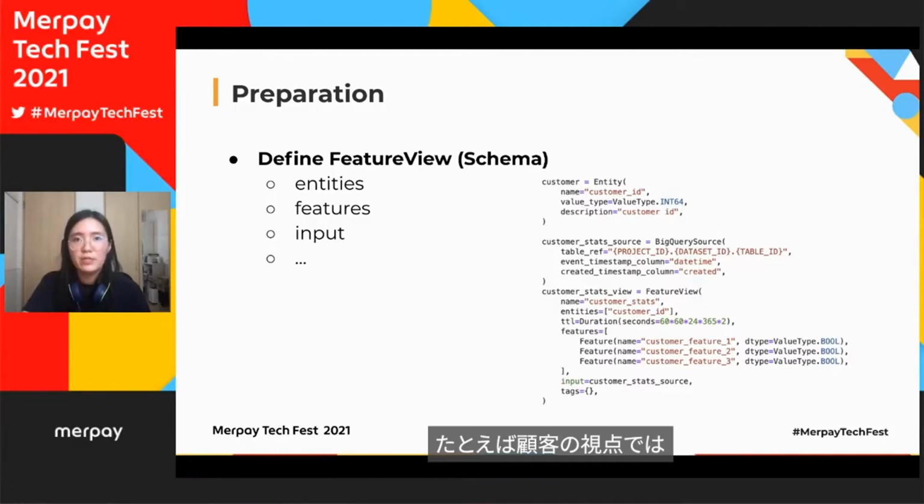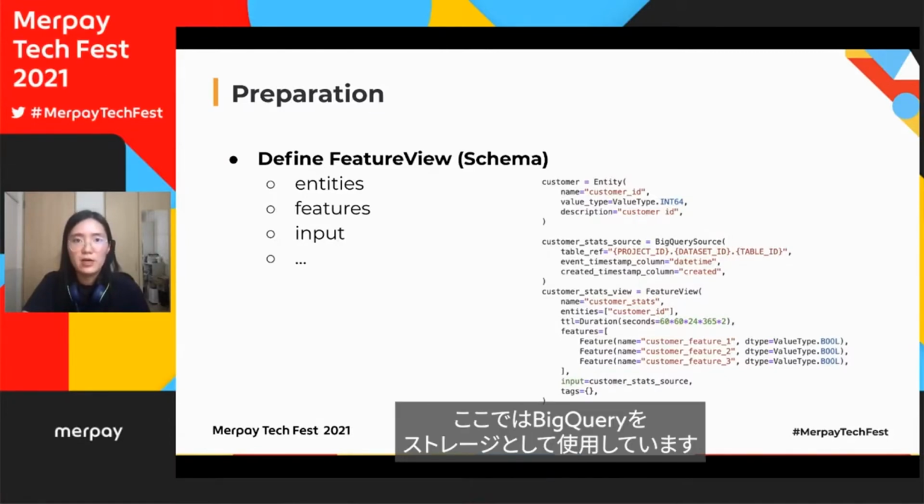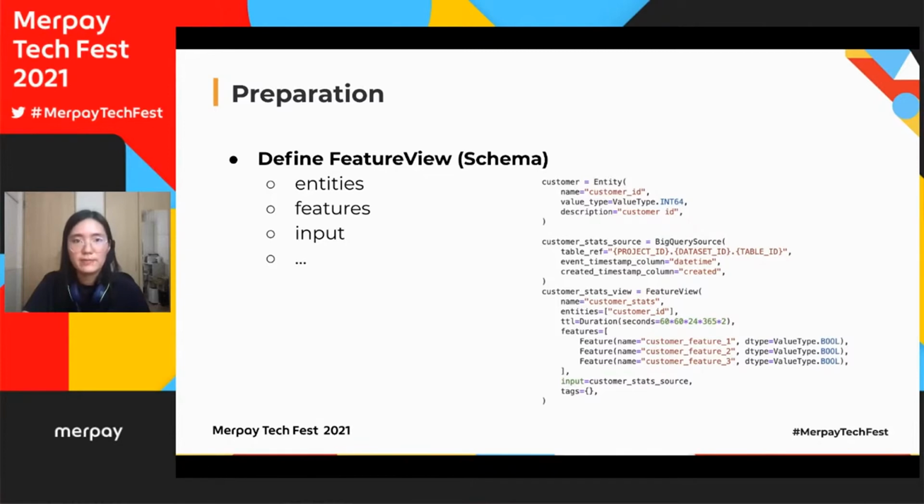For example, in the view of the customer, the entity is usually customer ID. And the features are what we want to use in machine learning models, maybe rule-based models, or for analysis. The input defines the place to save the features. We use BigQuery as our storage here.